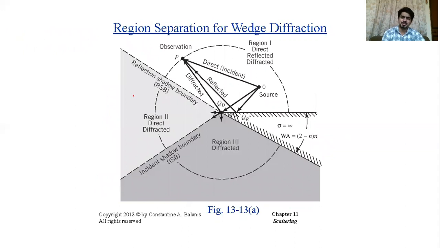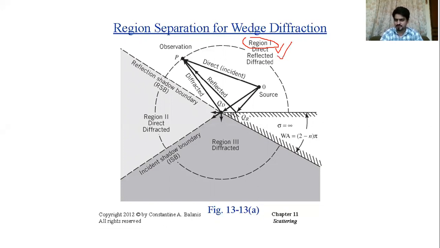Now when we talk about diffraction from the wedge, for the entire observation region, we can divide the observation region into three parts. This is region 1, where you have direct incident fields from the source.